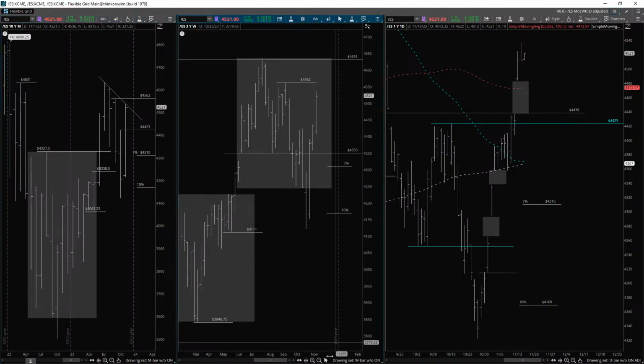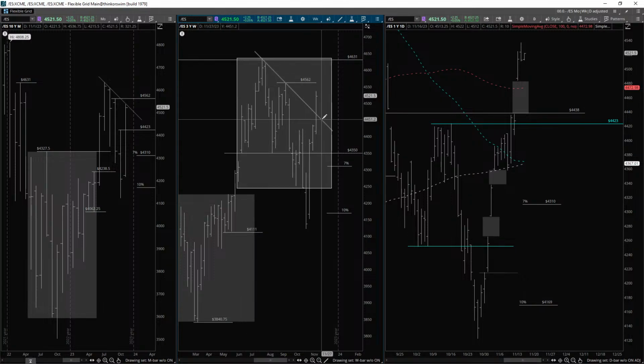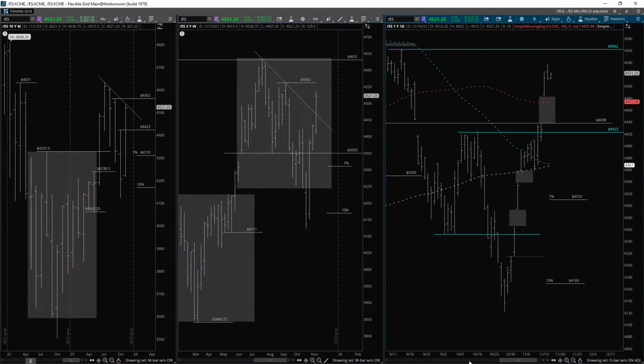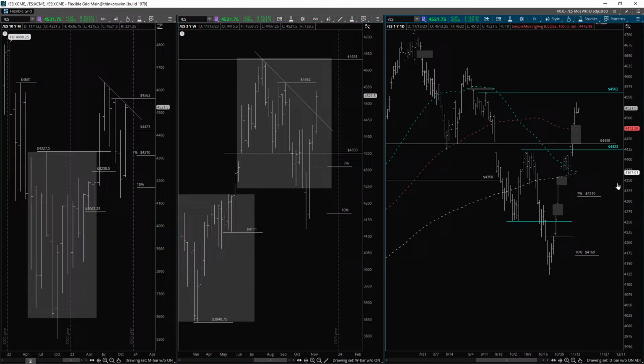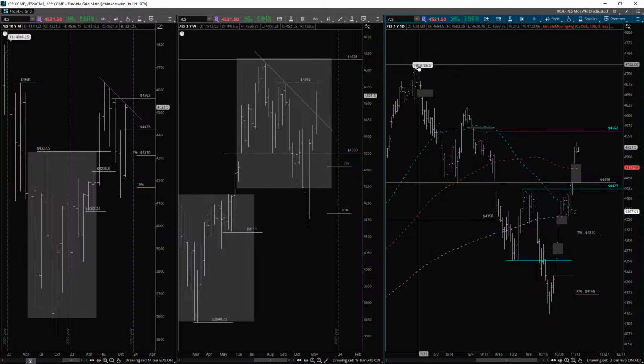Now I'm going to do something else here, just for the sake of it. I just want to see something here. I just want to put that here. This could be a breakout. Let's see if the market is bought from this in the future. I don't use those levels to trade.